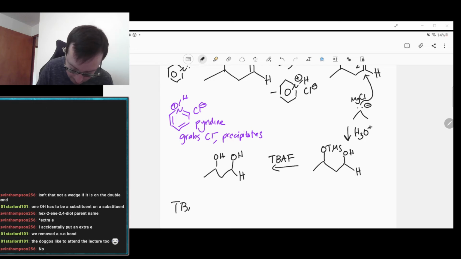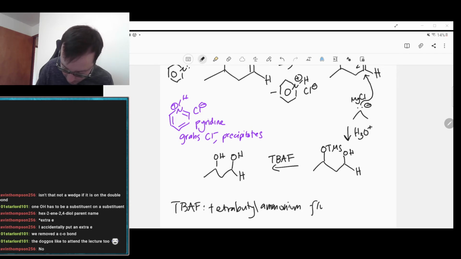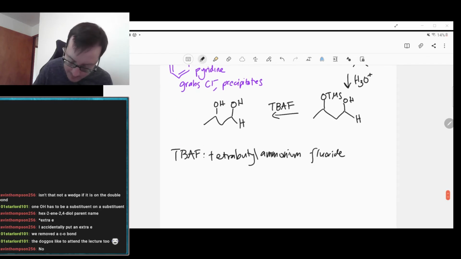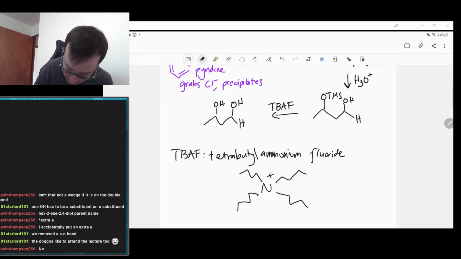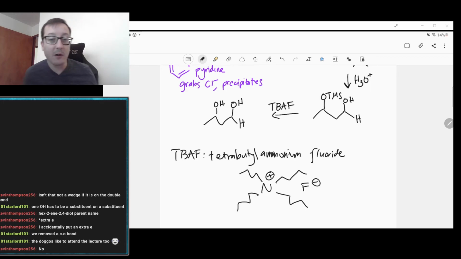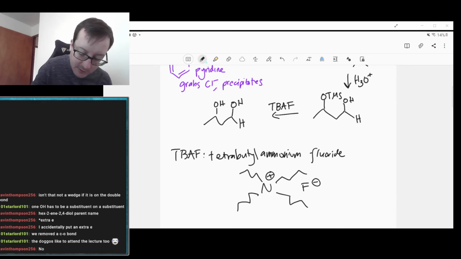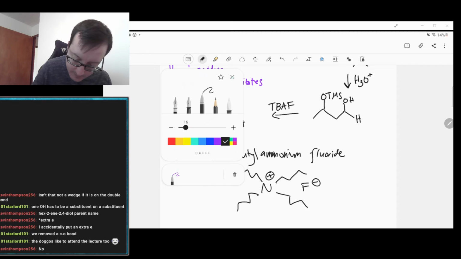TBAF is tetrabutylammonium fluoride. It's a fluoride source. Fluoride will attack our silicon and kick out the oxygen, and then you'll just need an acid wash as well.